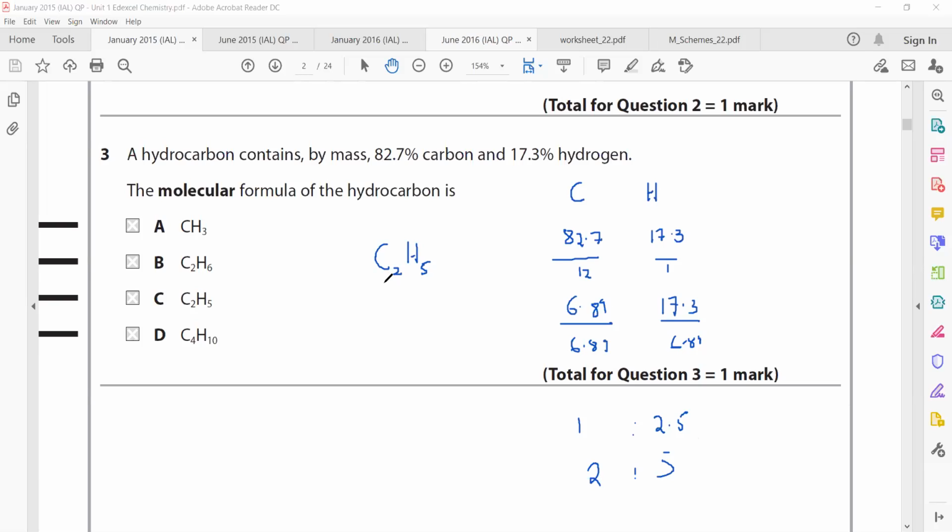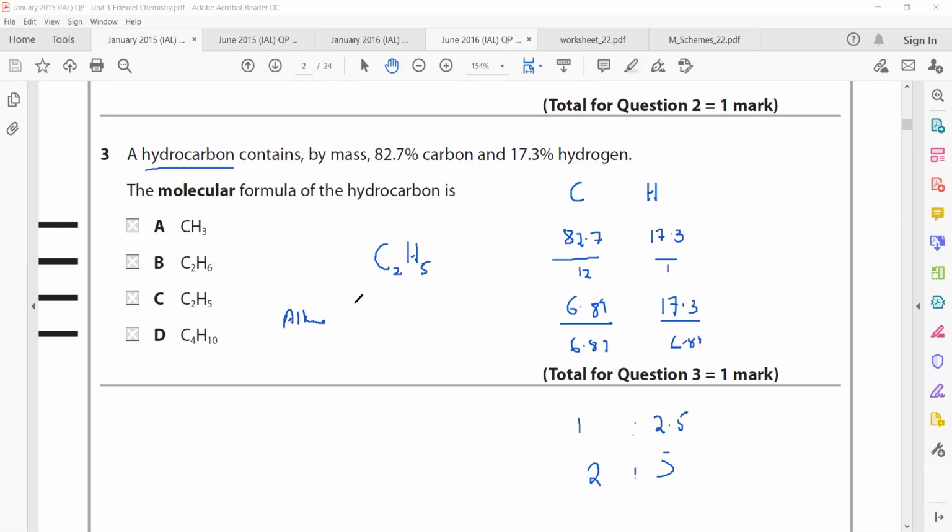Now, what is a molecular formula? The molecular formula can be the same as the empirical formula, or it can be a multiple. But you can see this C2H5 is logically not a correct molecular formula, because you have three kinds of hydrocarbon. A hydrocarbon can be an alkane. If it is an alkane, then the number of hydrogens is twice the number of carbons plus 2.